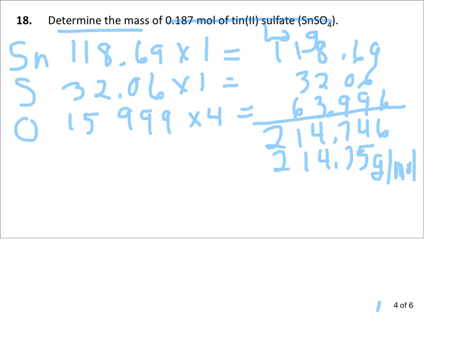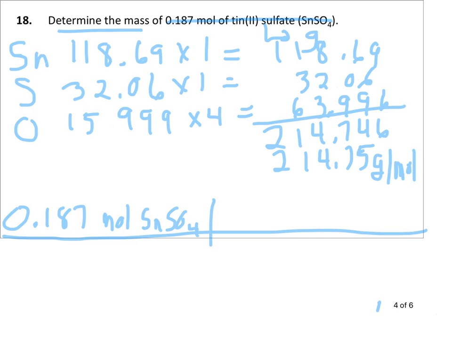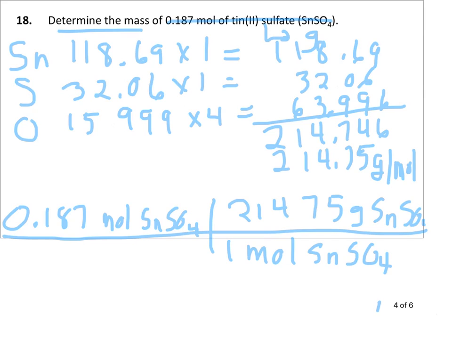Now we get to change 0.187 moles of the tin sulfate. So I put the mole on the bottom this time. And we just figured out that was 214.75 grams of tin sulfate and 1 mole of tin sulfate.